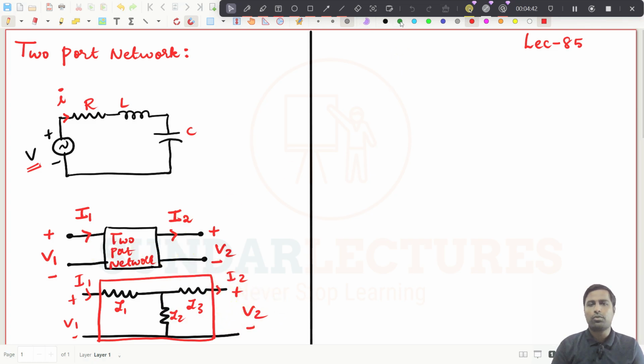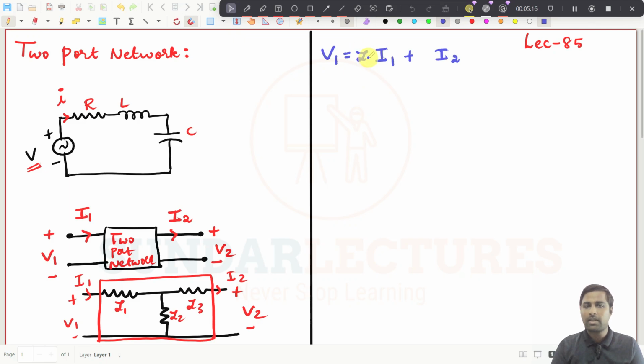What I am going to do now is derive the voltage values in terms of current. How can I do that? I will write down the expression, then I will try to explain. V1 can be related to current I1 plus current I2, and how that can be related?